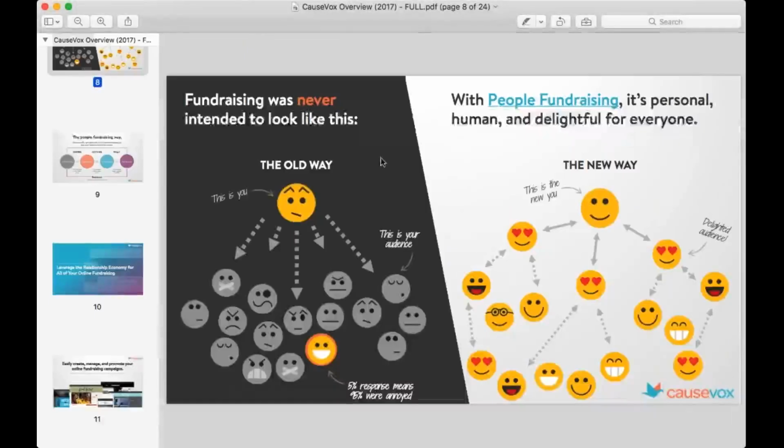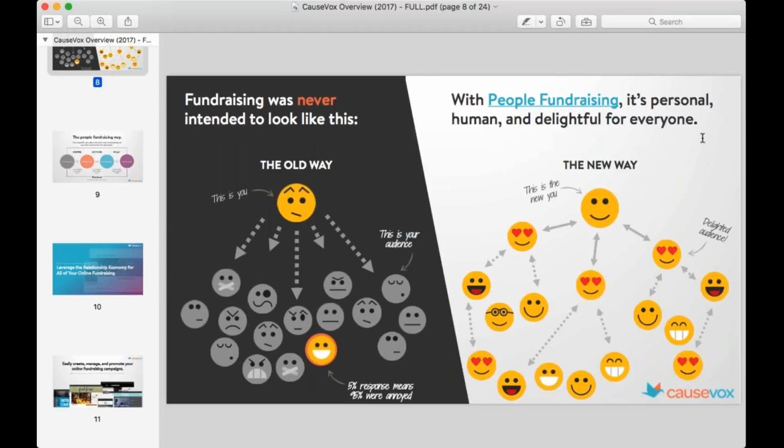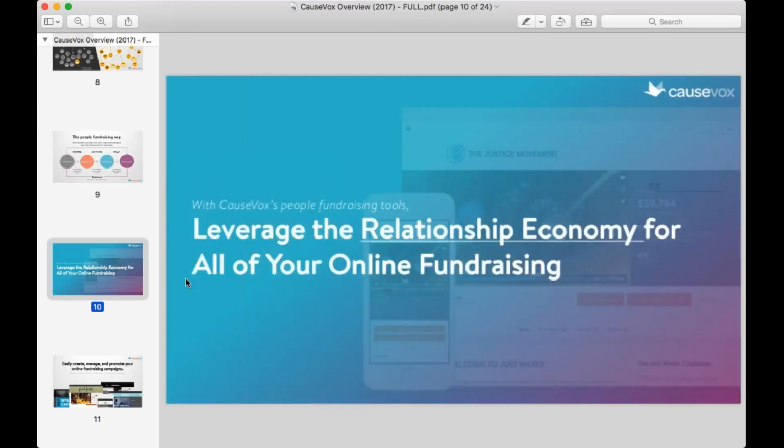What we've been seeing is a great shift away from just being about direct response when it comes to peer-to-peer fundraising and moving towards what we call people-based fundraising. When you practice all of these tips and techniques, planning, recruiting, launching, and promoting your peer-to-peer campaign, you're going to make your supporters happy. And in turn, you're going to make their friends and family happy, so you'll get more donations and traffic to your campaign site.